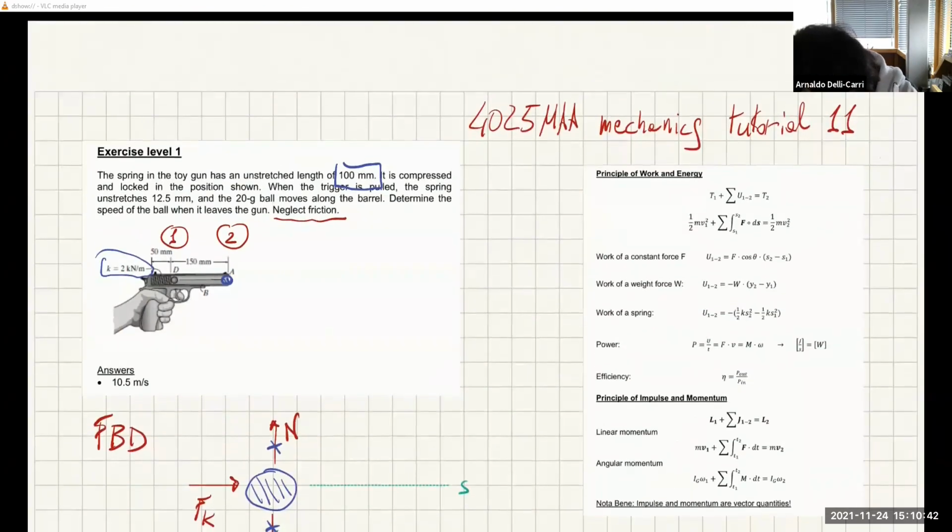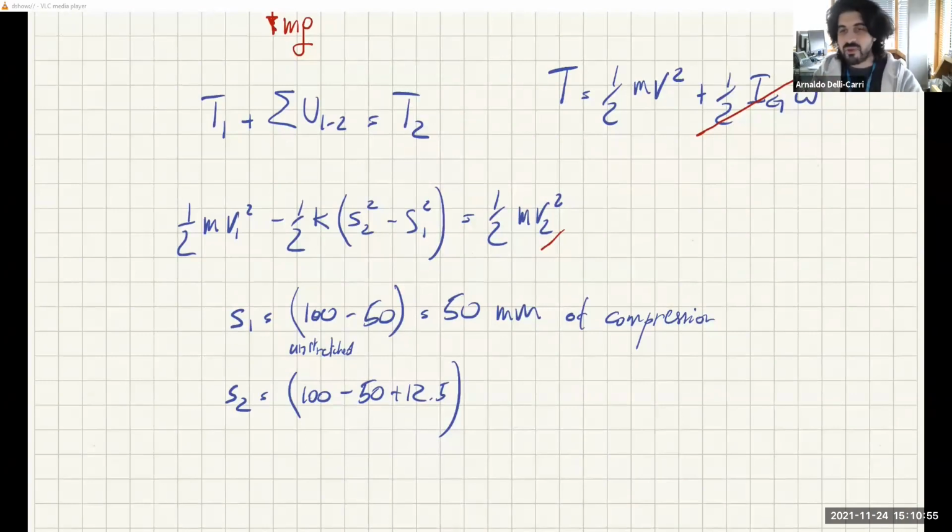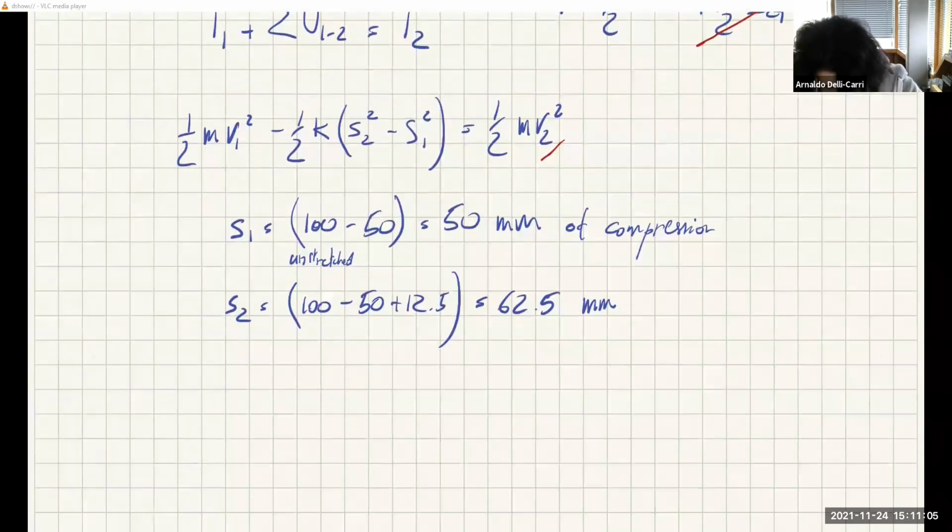So it's 100 unstretched. Then we compress 50, and then when the ball is here, the spring has unstretched 12.5 millimeters. So we need to add 12.5 millimeters to this, and this results into 62.5 millimeters. And now we have all we need.